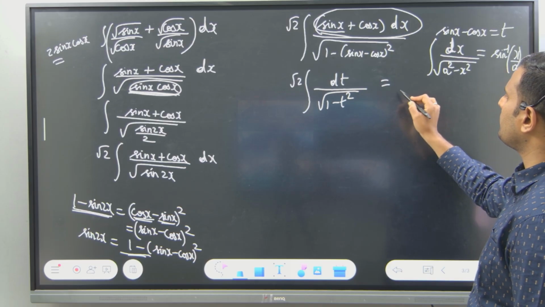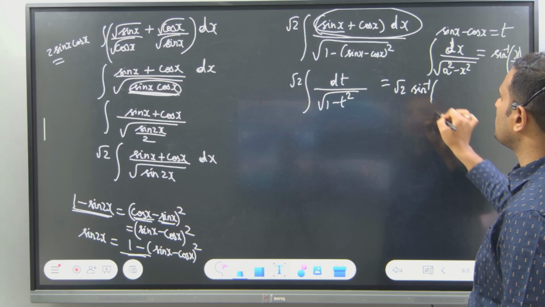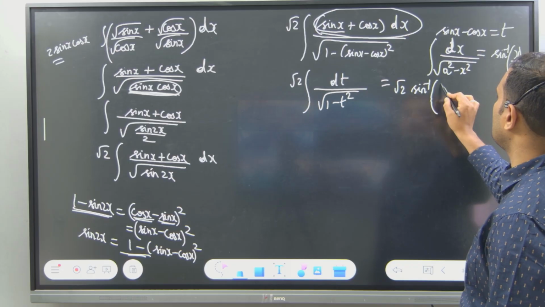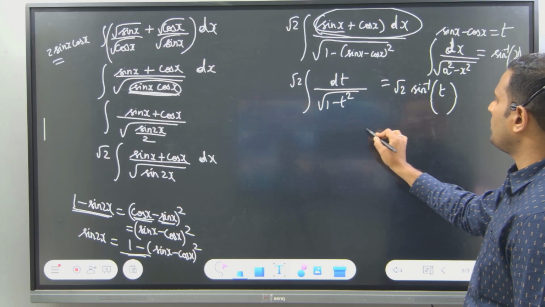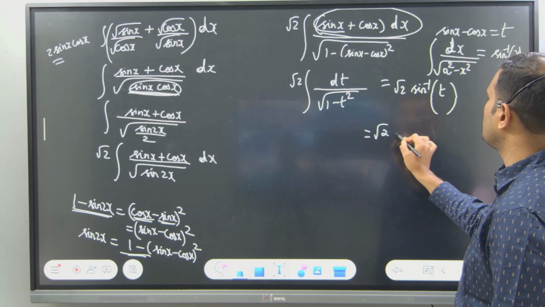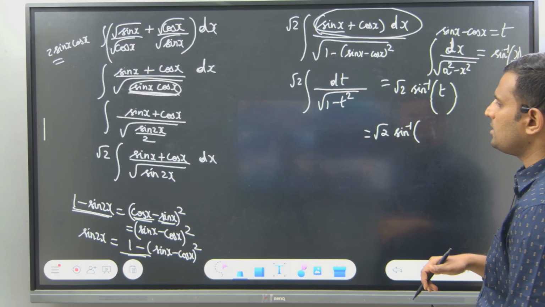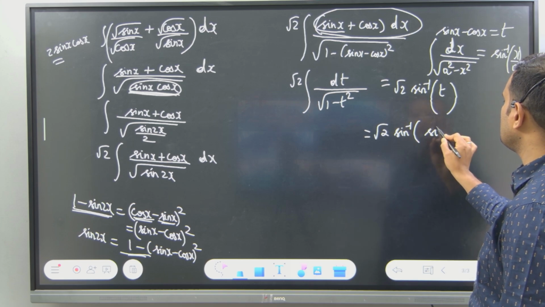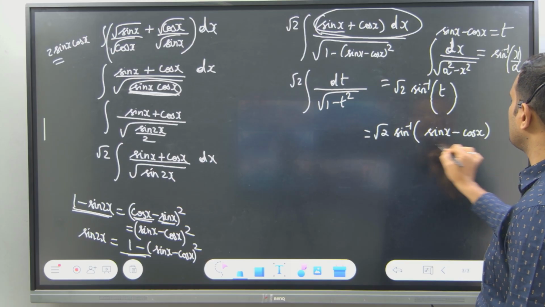So here, root 2 into sin inverse t. What is t, students? T is sin x minus cos x. Okay, so this is the answer.